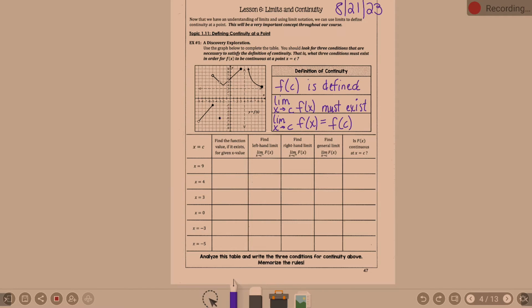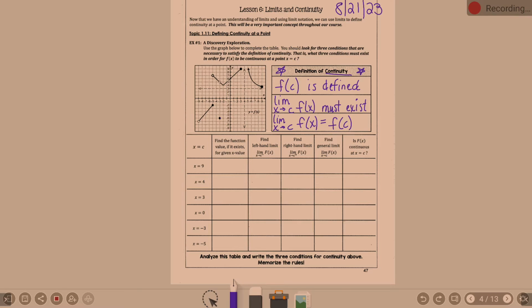Those are your 3 official pieces when we're trying to determine whether a function is continuous. Does it meet those pieces? So at x equals -3, is that just a hole, or is that considered a jump? It's a hole.